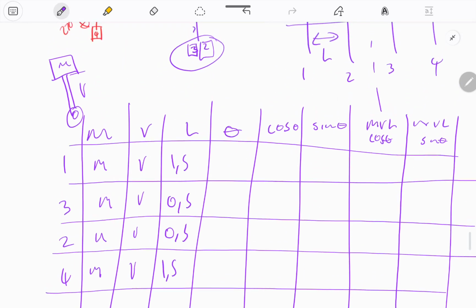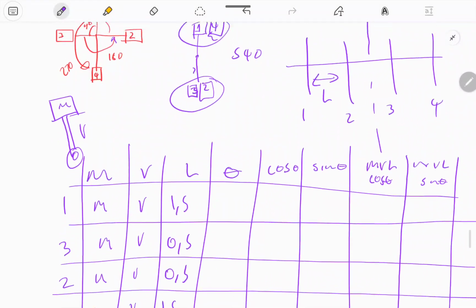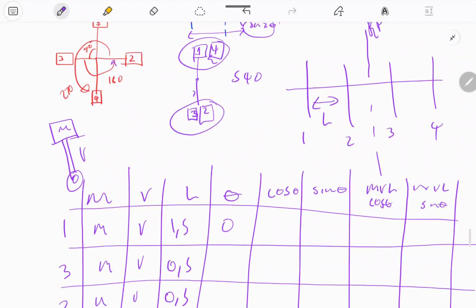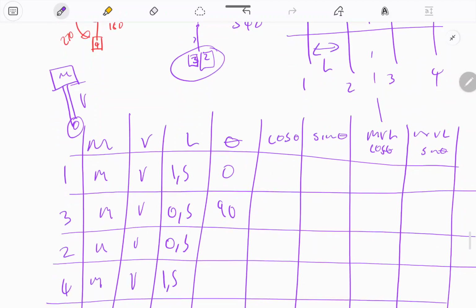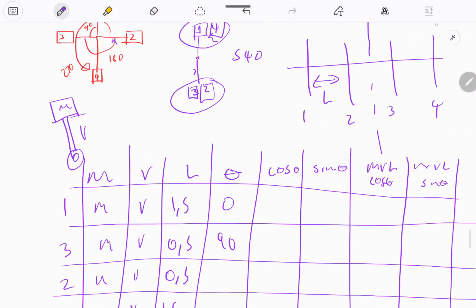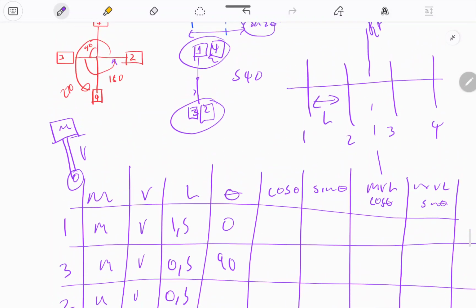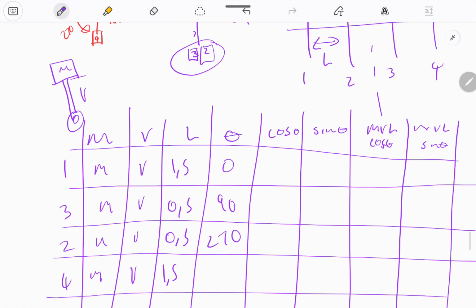So the thetas, the first theta will be 0. The second one is 90. For 2, where is 2? 2 is this one. So from all the way here, it will be 90 plus 180, which is 270.